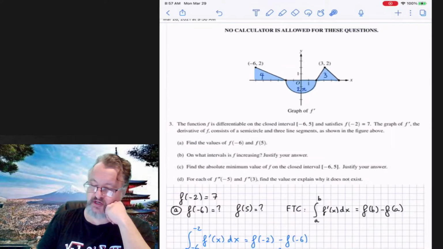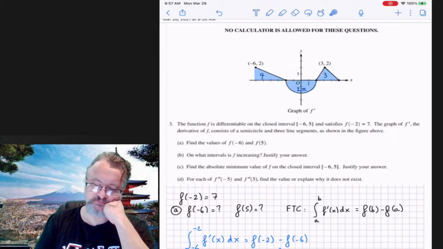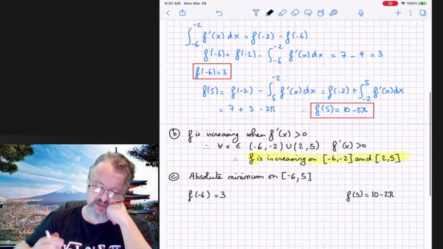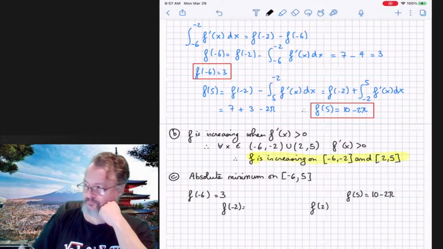So for candidates, we're going to have the boundaries here, -6, +5, and -2 and +2. All right, so we have f of -6, then we're going to have f at -2 and f at +2.